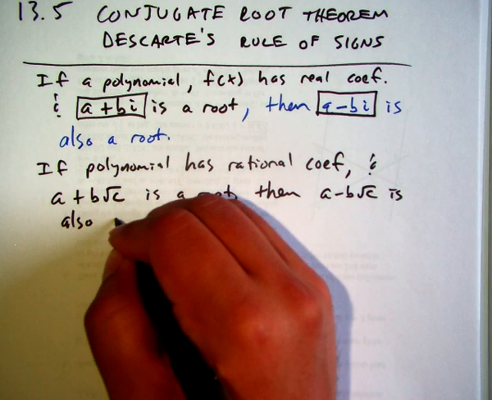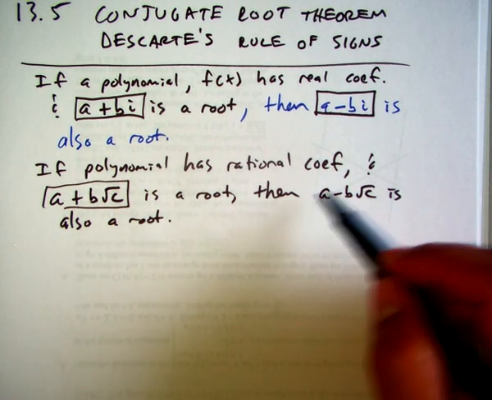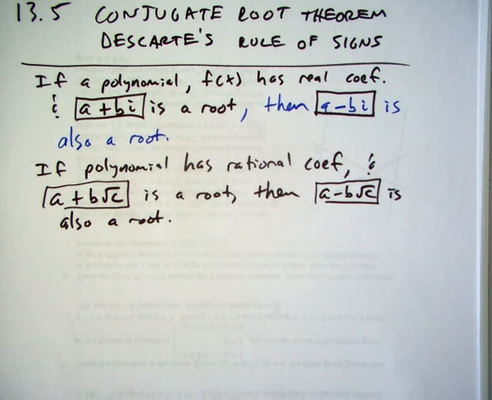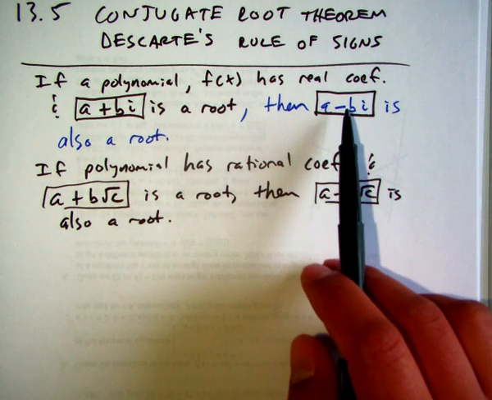So the conjugate root theorem can be very useful in solving equations that are bigger than quadratics. If you know one of the roots already, automatically its conjugate will also be a root. Okay?